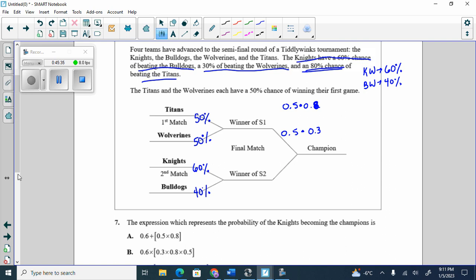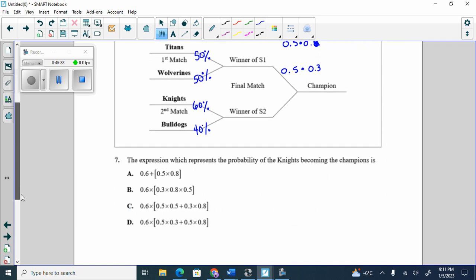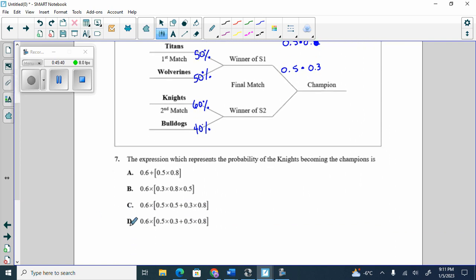And then we have 60% chance of beating the Bulldogs. So it's going to be this one. Because they had to beat this one and then either one of these. So the Knights have to beat the Bulldogs first, right? And that's 0.6.